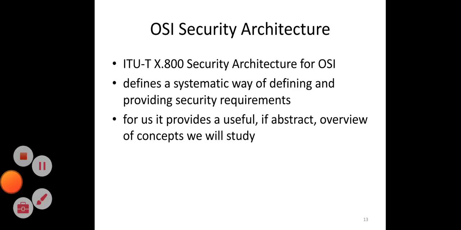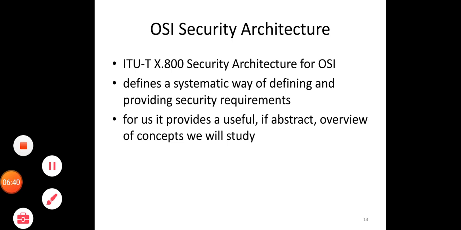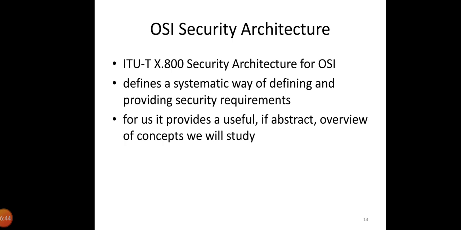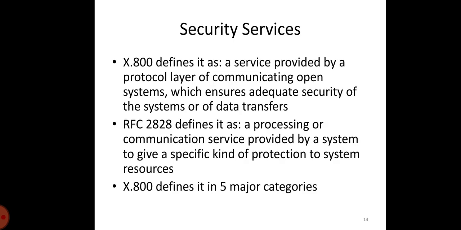OSI security architecture. ITU-T X.800, security architecture for OSI, defines a systematic way of defining and providing security requirements. It provides a useful, if abstract, overview of concepts we will study further.